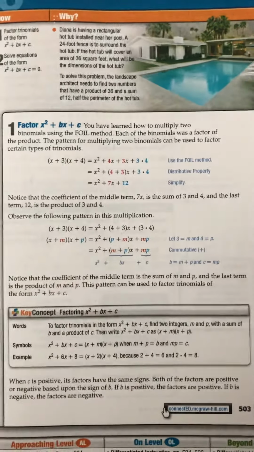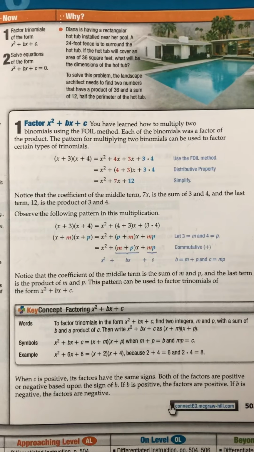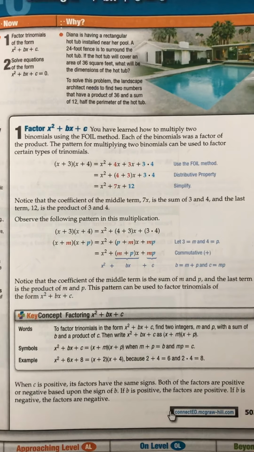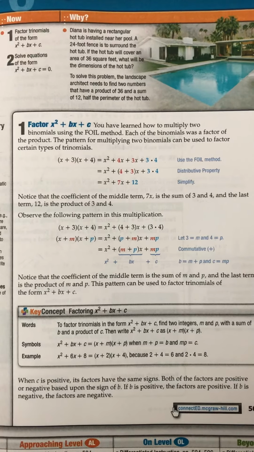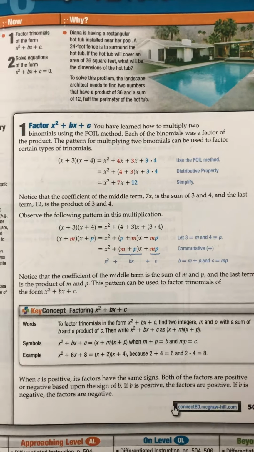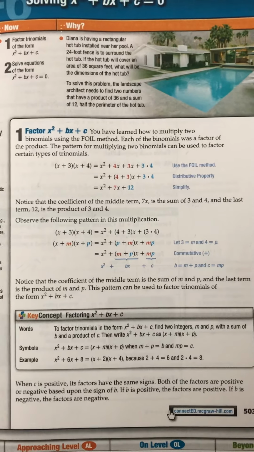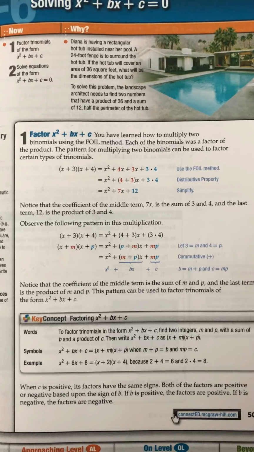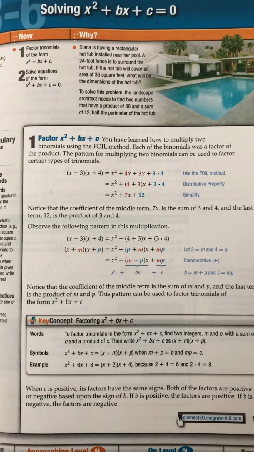Okay, so big idea is, earlier in chapter 8, we were foiling so that we were multiplying two binomials. So you are doing the exact opposite today, and that's factoring.